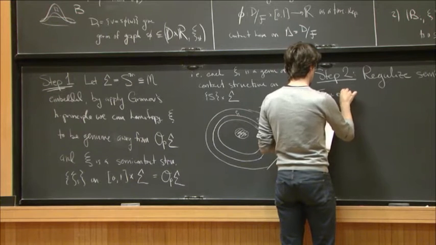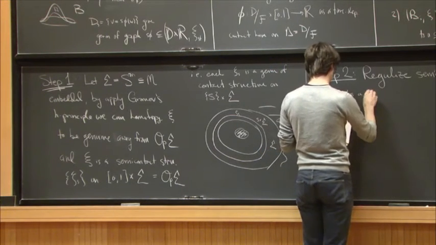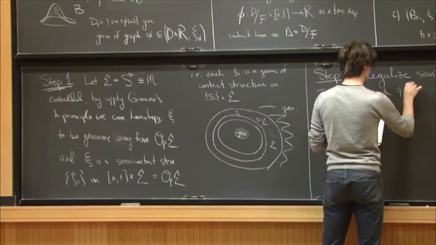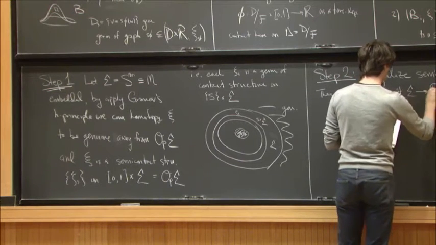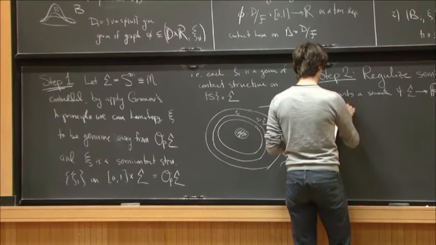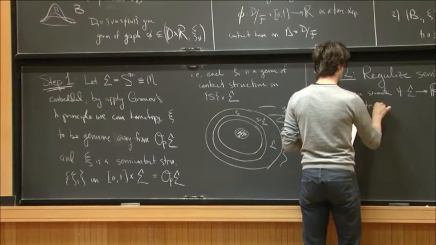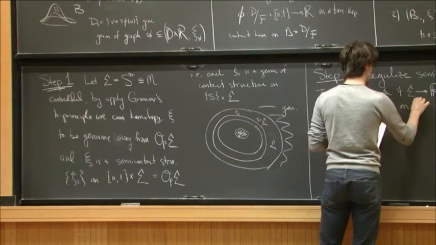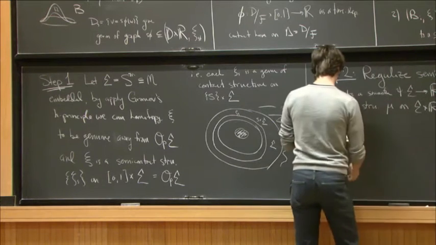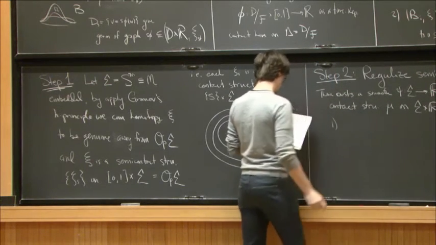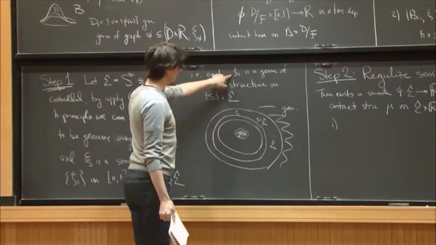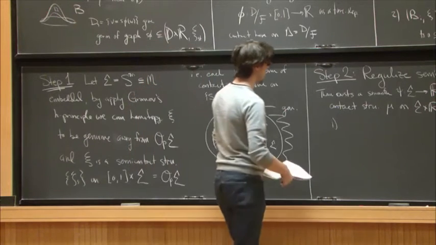So the statement that this is possible is: there exists a smooth function psi and a contact structure mu on sigma times R such that, one, this function basically gives you what the contact structure is on each slice, what the germ on each slice is.